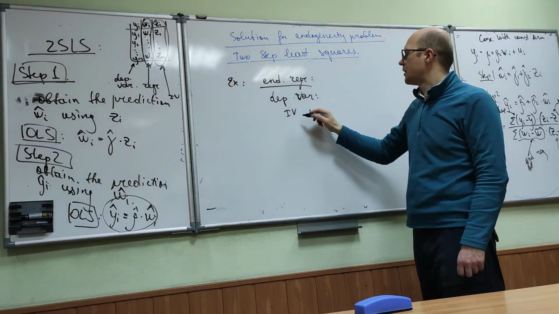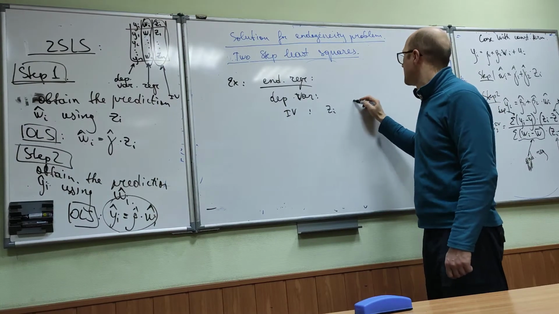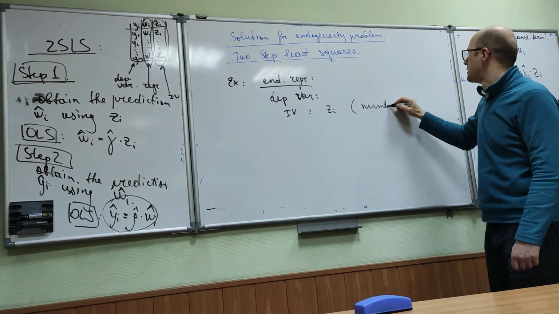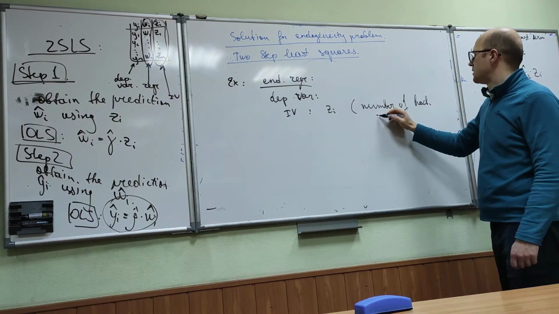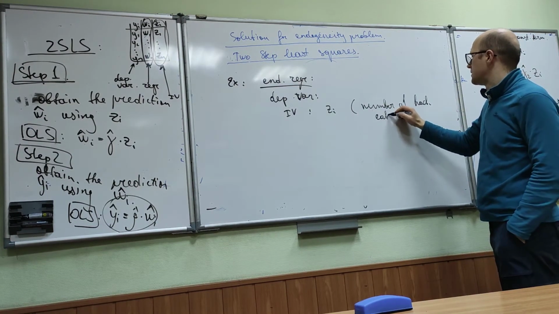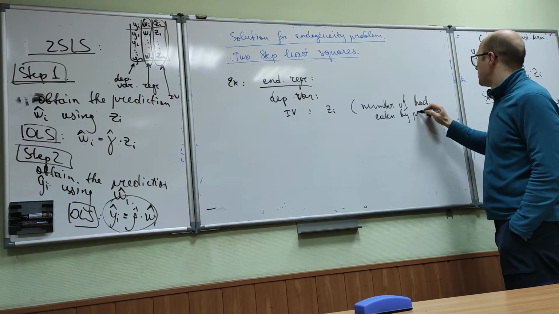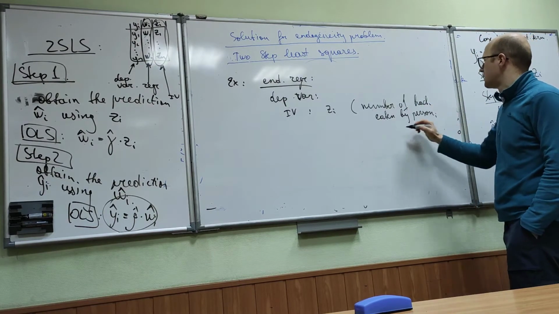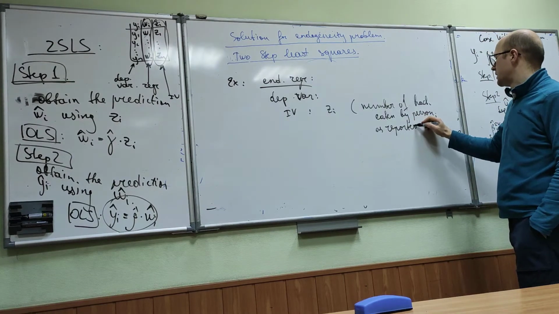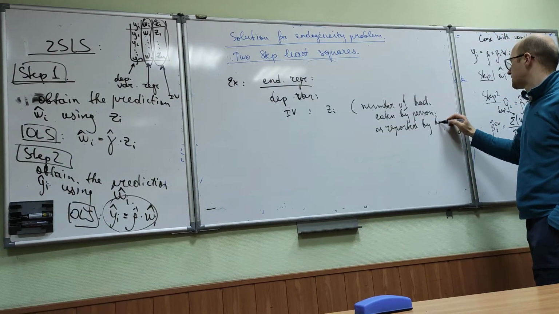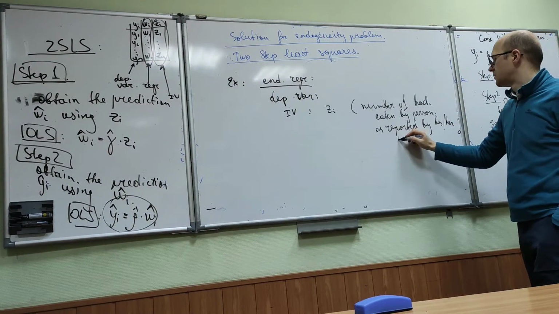In our example with Khachapuris, the instrument was the number of Khachapuris reported by the neighbor. The instrumental variable was Z. It was the number of Khachapuris eaten by person i as reported by her neighbor.